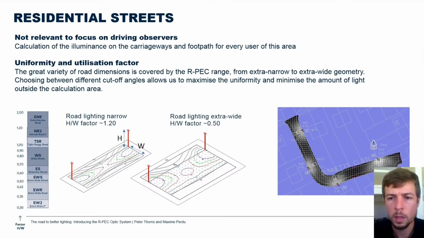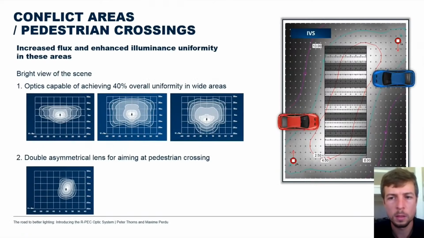Next, I will discuss conflict areas and pedestrian crossings, which use the same type of lighting calculation, but we only increase the flux on the uniformity acceptance. It should be done to allow the best view of the scene.